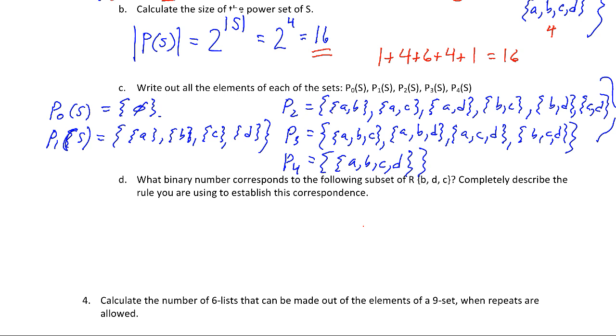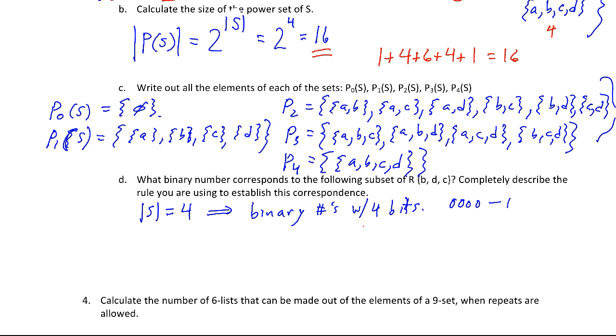Well, what we're doing is we're making a binary number. The size of the set S is 4, so we make binary numbers with 4 bits in them. And 4-bit binary numbers are 0, 0, 0, 0 through 1, 1, 1, 1, or 0 through 15 in decimal.